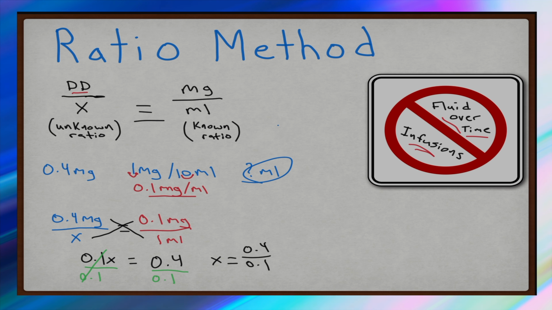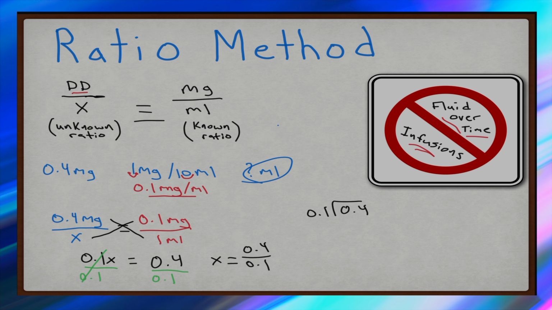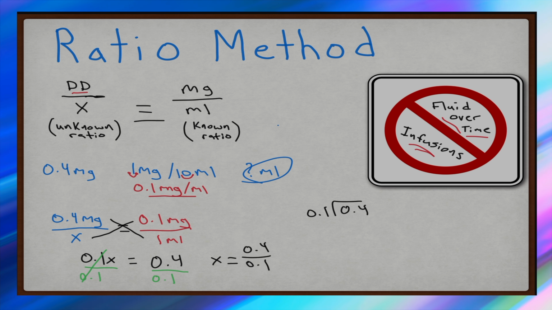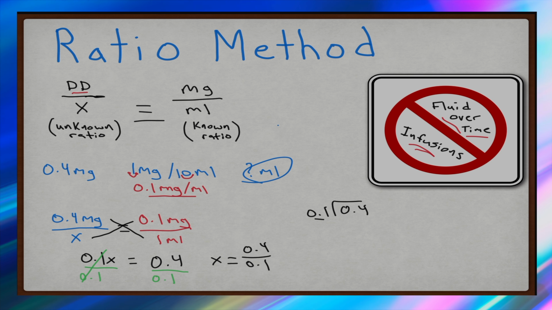So when I write this like this, it's going to look like 0.4 divided by 0.1. Now, when you're dividing by decimals, I cannot leave a decimal right here because we're not able to divide that way. It's like dividing a fraction by a fraction. You're not able to do it. So I need to convert 0.1 to a whole number first. So I'm going to take this and move the decimal place one place to make it a 1.